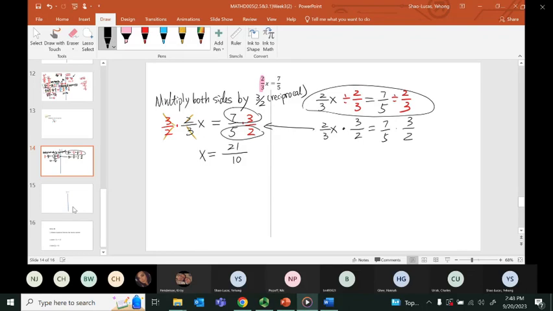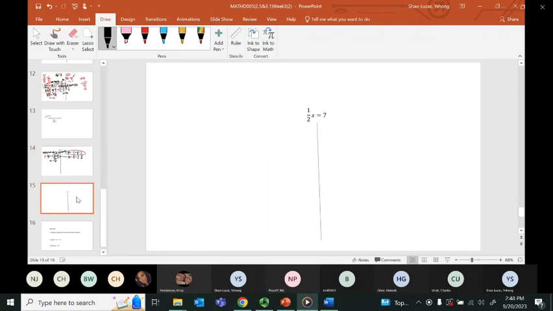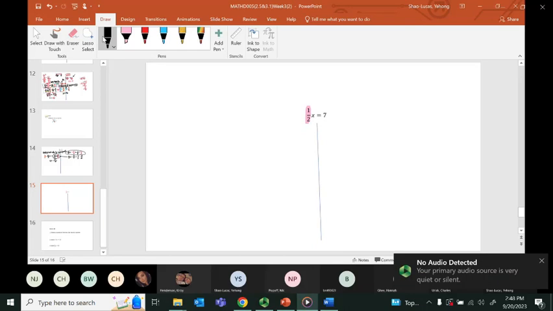Okay, so there's one last example for today, this one here. 1/2 x equals 7. So you want to get rid of 1/2. What can we do? Multiply by 2/1, yes.